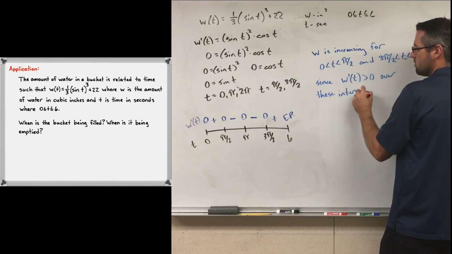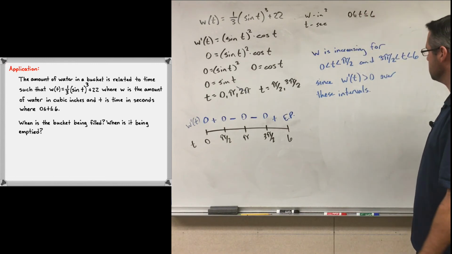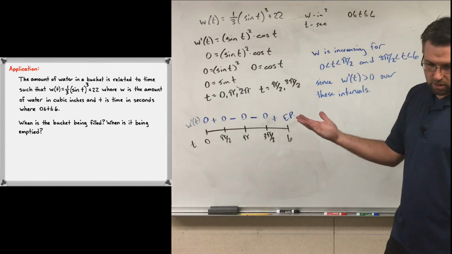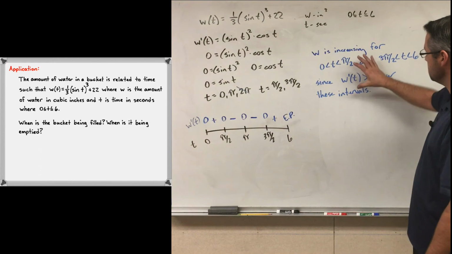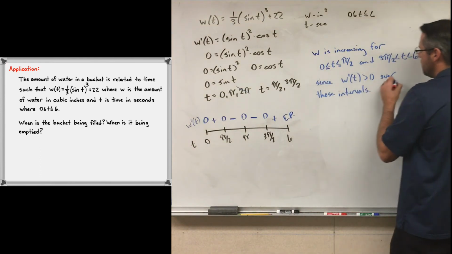Okay. All right. So since w is increasing, the amount of water is increasing, or the bucket is being filled. The bucket is being filled over this interval. One thing I'm going to put is inequality signs here.